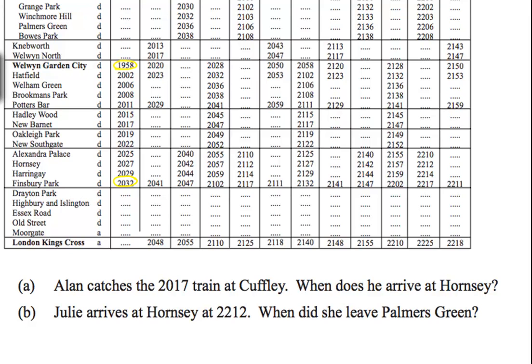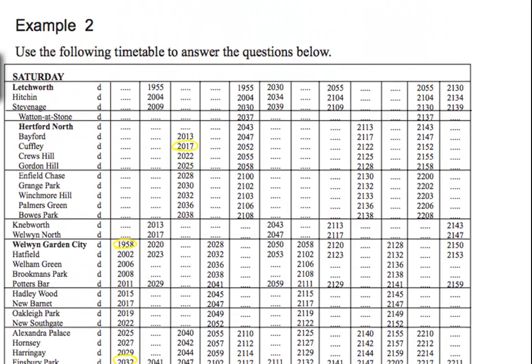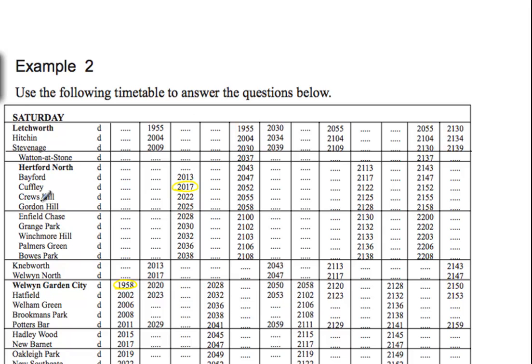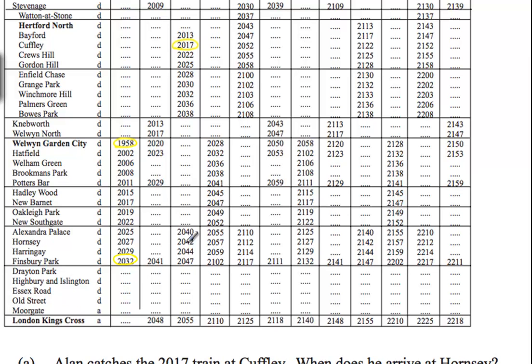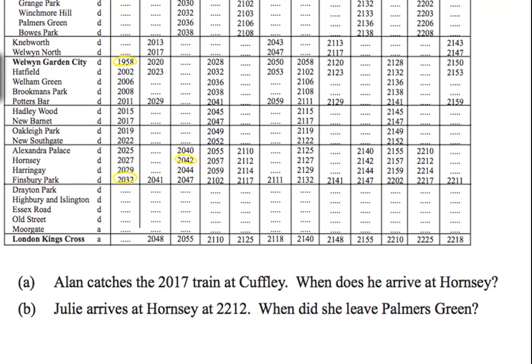But we want to know about going from Cuffley to Hornsey on the 2017. So we leave from Cuffley and we end up at Hornsey, which is down near the bottom right here. Obviously we stay on the same train, we don't get off, so we stay in the same column, and we go from 2017 to 2042. How long does that take?